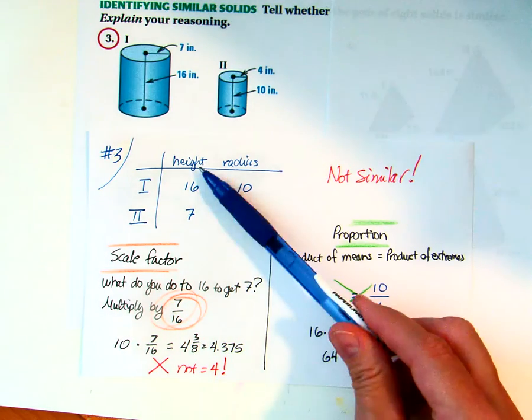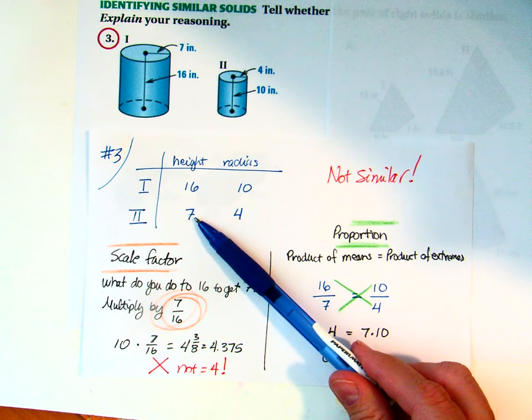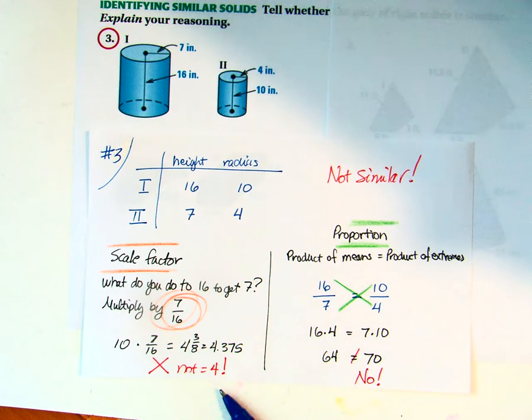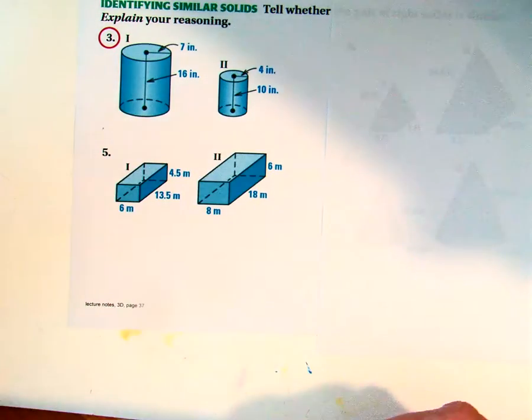That gives you the aspect ratio of the first one, and then you get the second one, and you see, oops, it's not the same. So that tells us that they are not similar solids. You can also set it by proportion, which is what I just did, and you see that, again, they are not proportional. Any way you stack it, they're not proportional.